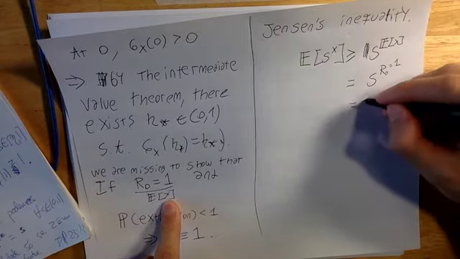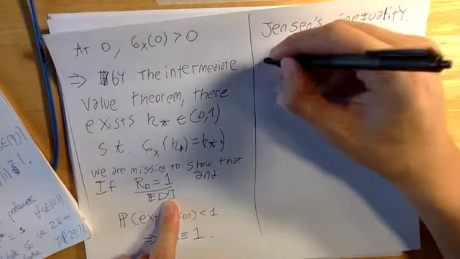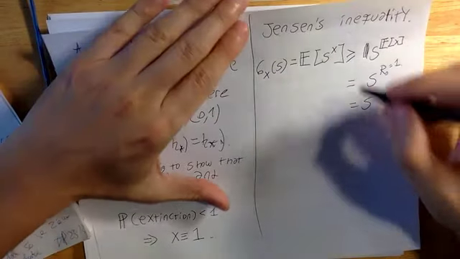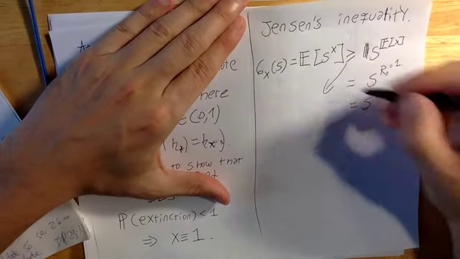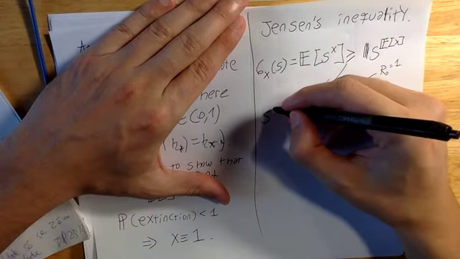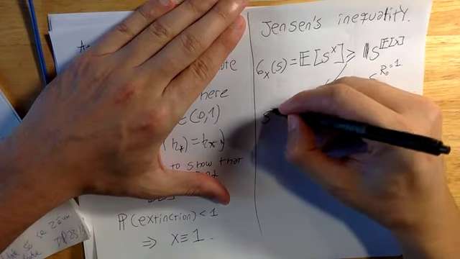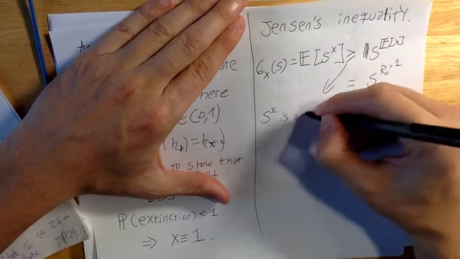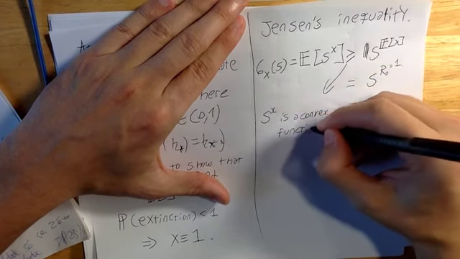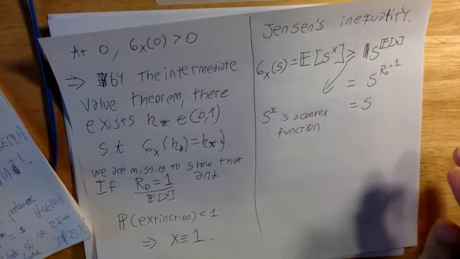So this is just equal to s. And this here is the generating function of x at s. Okay? And this inequality is Jensen's inequality because s to the little x is a convex function.